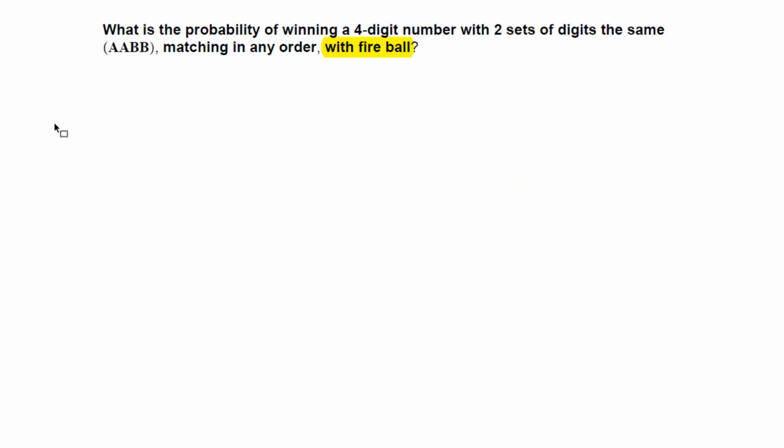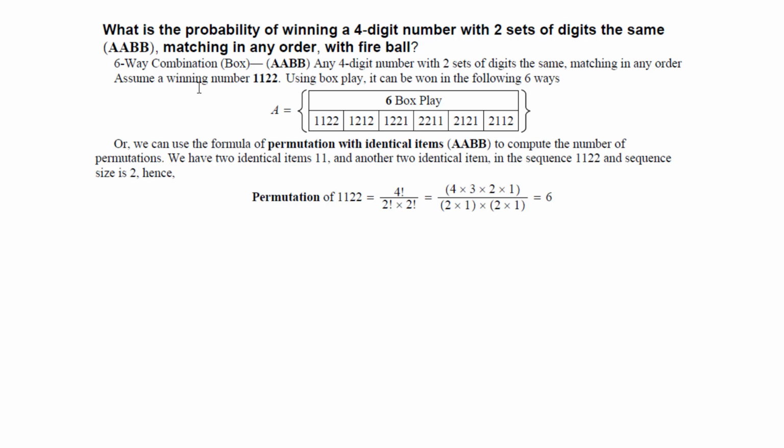Now the other question, what is the probability of winning a 4-digit number with 2 sets of digits the same, matching in any order, but this time with fireball? We have seen this case before to be a 6-box play. We are not going to repeat it here. So we have 6 winning tickets, and in such case, when we add a fireball, we are going to generate an extra 4 winning tickets for each winning ticket in this 6-box play.